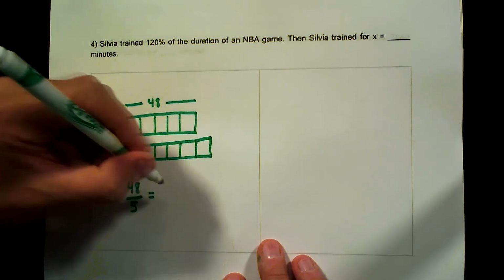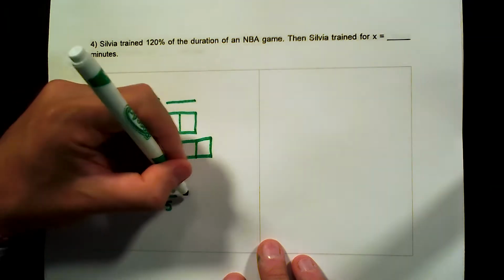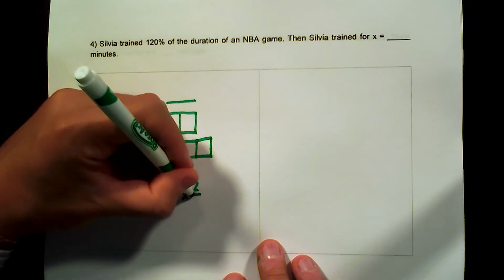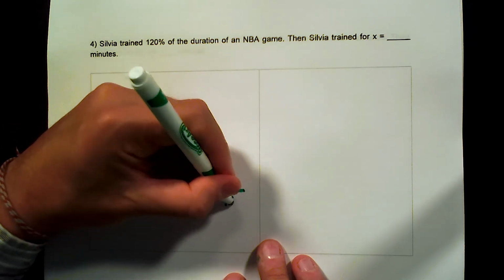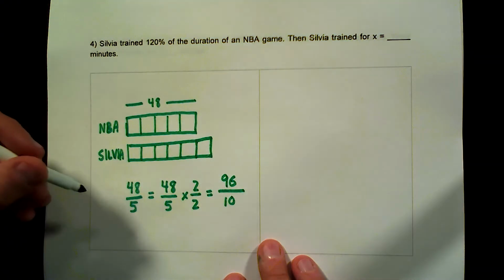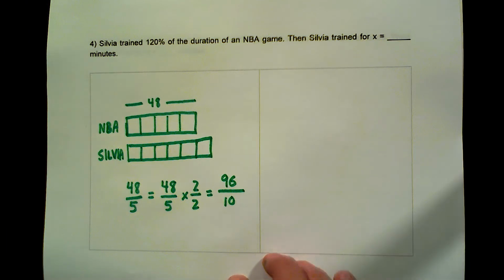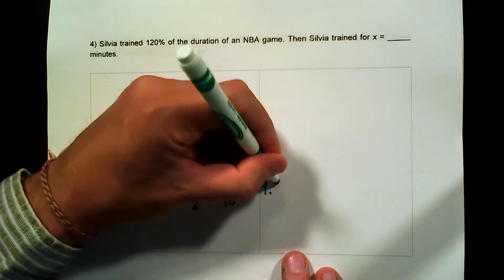And there's a trick on dividing by 5, which is we multiply and divide by 2 just to get a 10 on the bottom. And 48 times 2 is 96, because 50 times 2 is 100. So 48 times 2 has to be 4 less. And so this is 9.6.